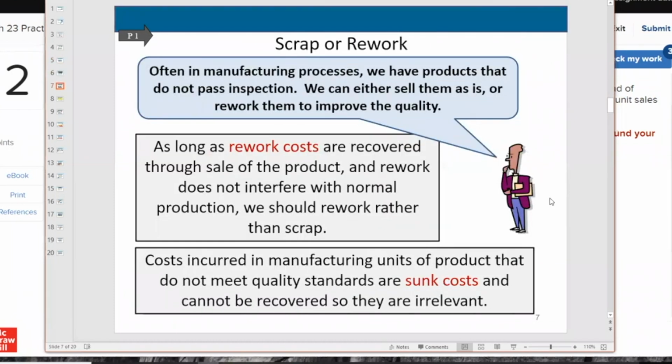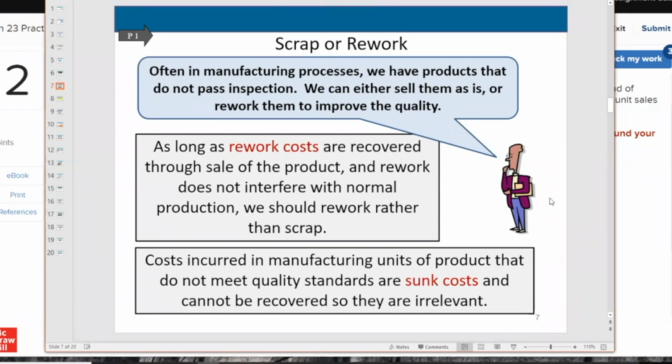Now, scrap or rework. People make mistakes when we're manufacturing things. I would take, for example, clothing manufacturers like Ralph Lauren, and the sewer makes mistakes. They mess up the placement of the buttons, perhaps.